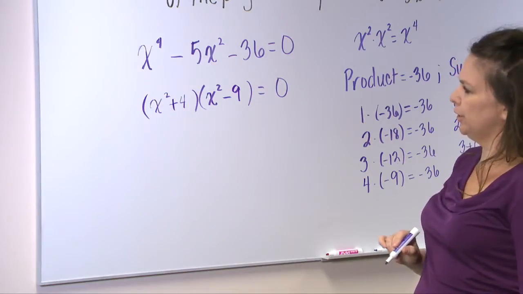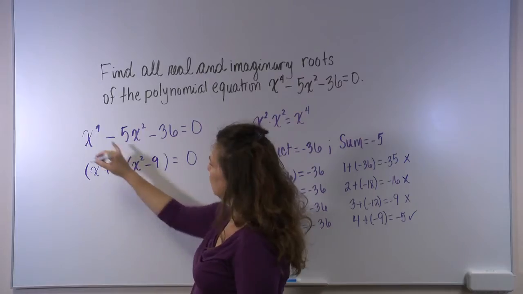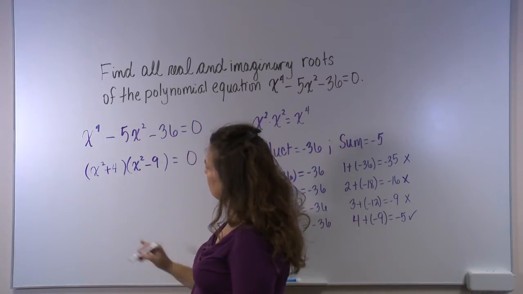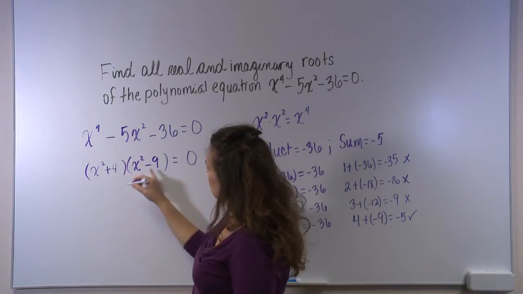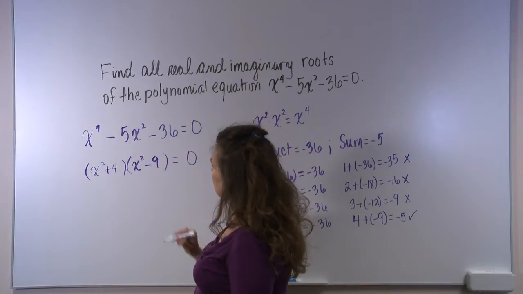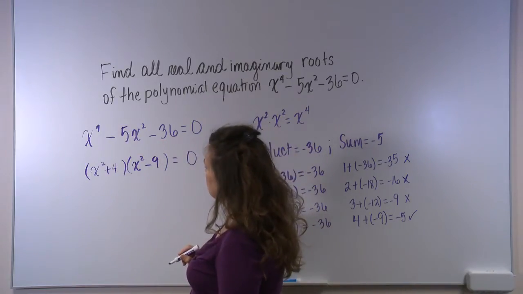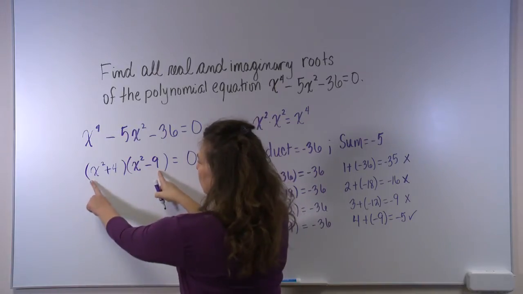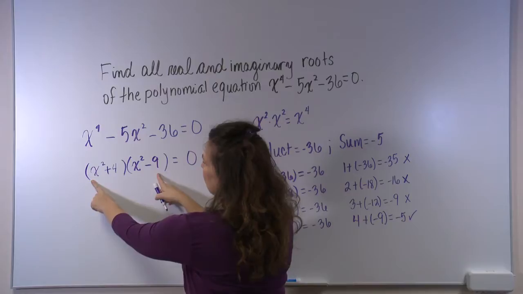And I'll take a moment and check that by foiling. X squared times x squared is x to the fourth, so the first terms check out. The last terms, 4 times negative 9 is negative 36, so that checks out with the constant there. And now I'm going to consider outer and inner. Outer, x squared times negative 9 is negative 9x squared.